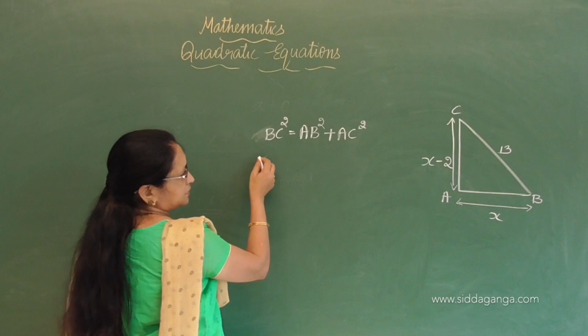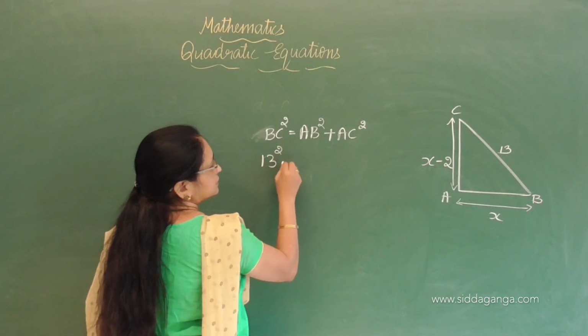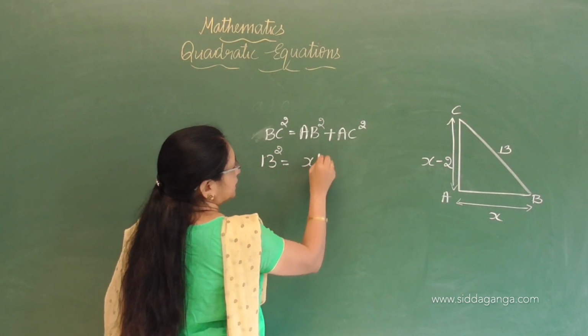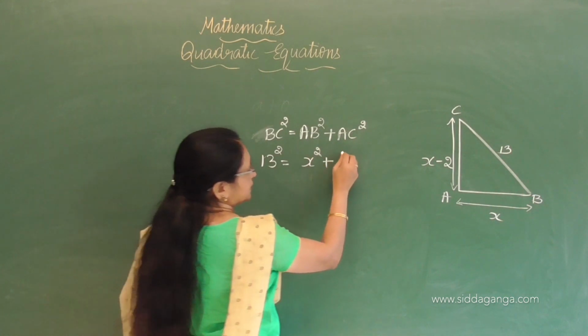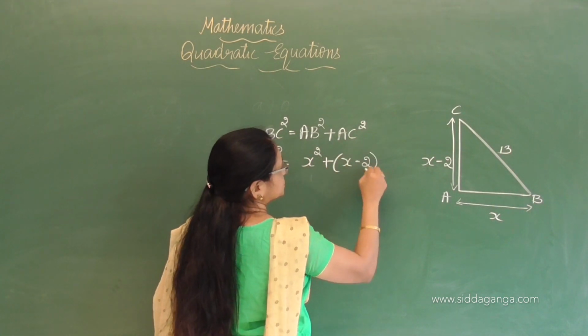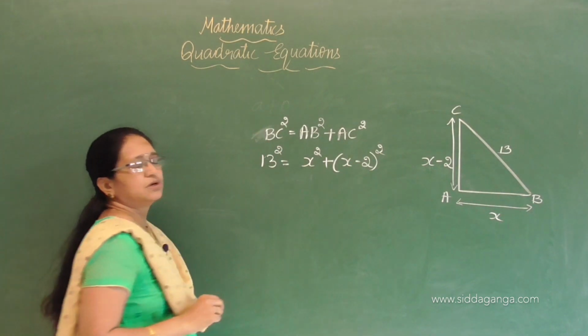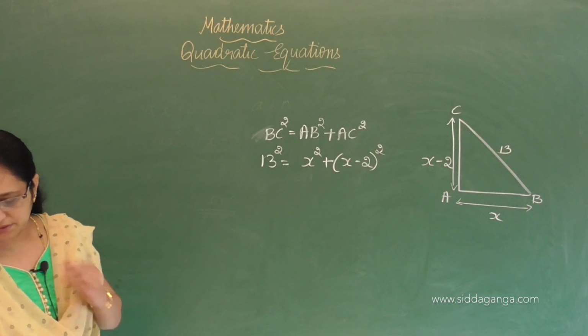Now what is BC square? BC square is 13 square, AB square is x square, and AC square is x minus 2 whole square. Like this you can represent the equation.